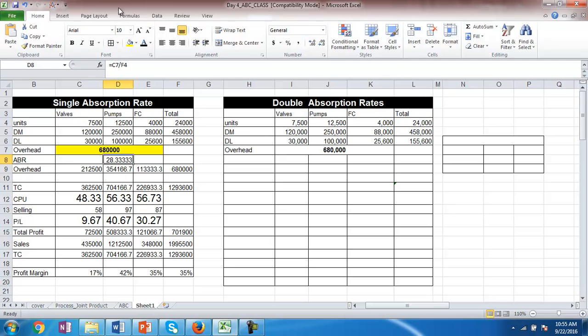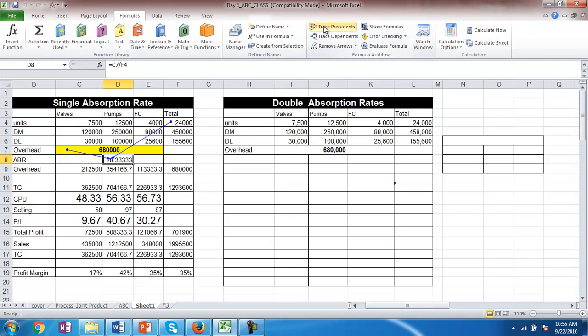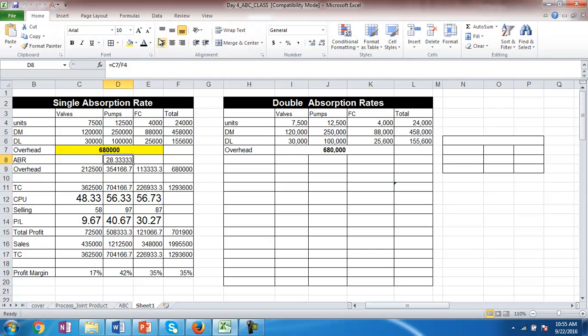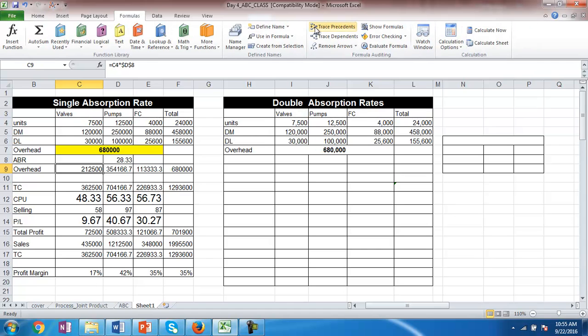And suppose we assume that the single absorption rate is volume, so 28.3 is the absorption rate per unit of output, and we use this to find the overheads for each product. So the overheads are charged by multiplying the volume into the units. Then you have the total cost.